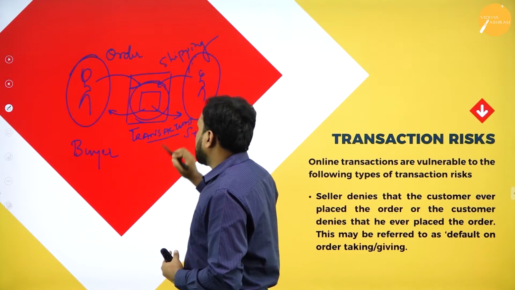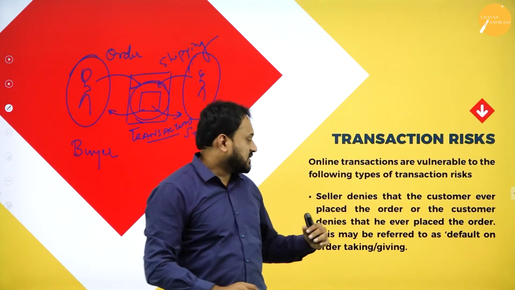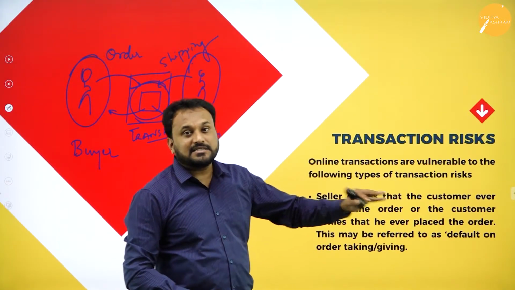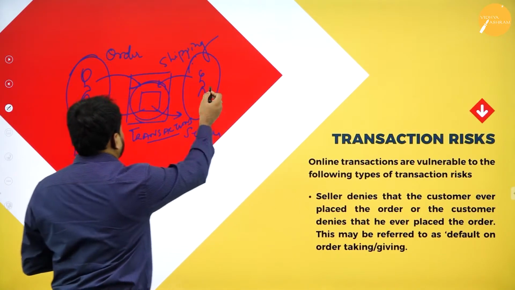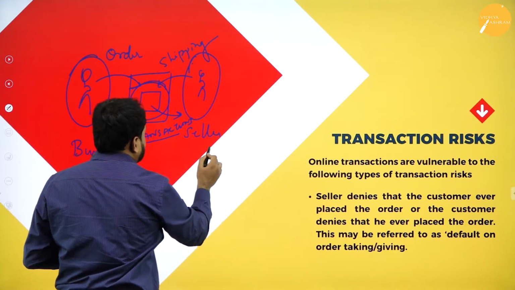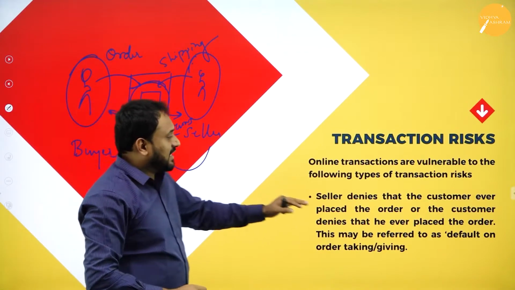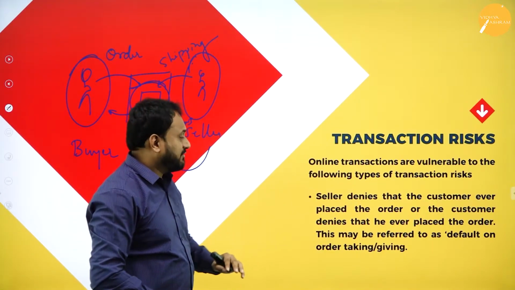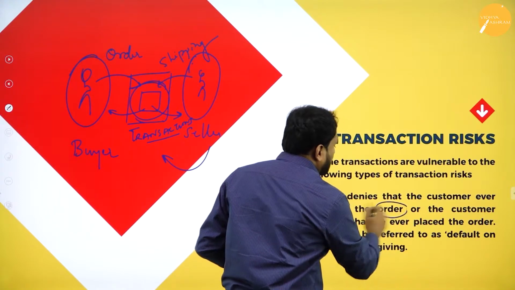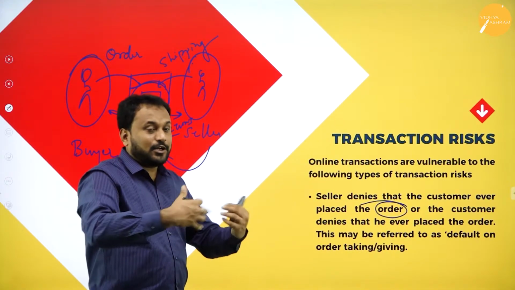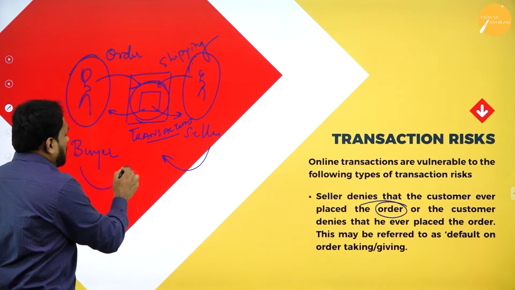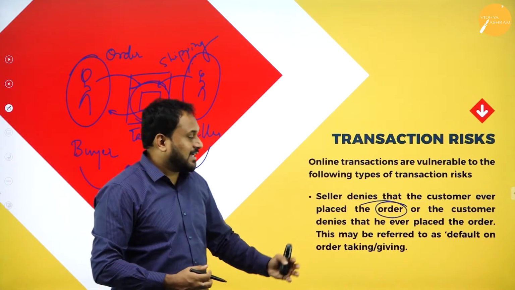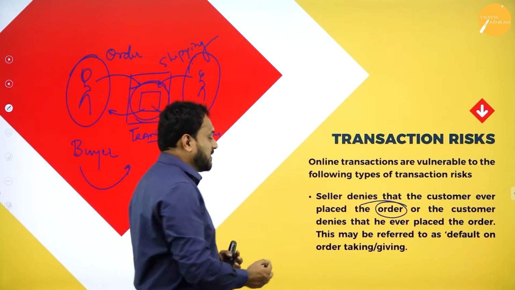Now transactions are happening. The first thing is, the seller denies. Seller denies that the customer ever placed the order. Or it's the other way: the customer denies that he ever placed the order.